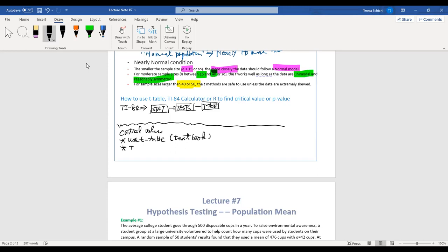Then you can use the TI-84 calculator. Do you remember the keys for the TI-84? First you press second, then you go to DISTR, the blue one, correct?